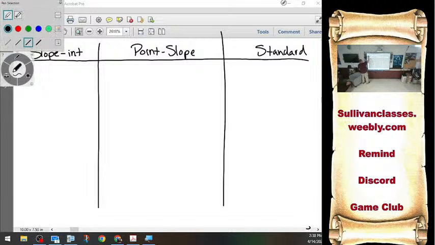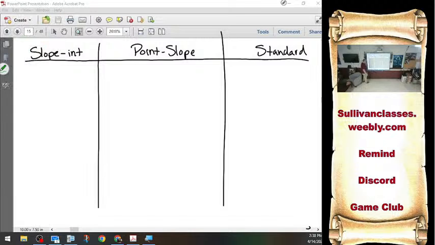Let's see if you remember who's who. Slope-intercept form, what's it look like? That's the one that's pounded into our brains. You go and ask your parents, what is algebra? That might be one of the few things they remember. It's just that important.